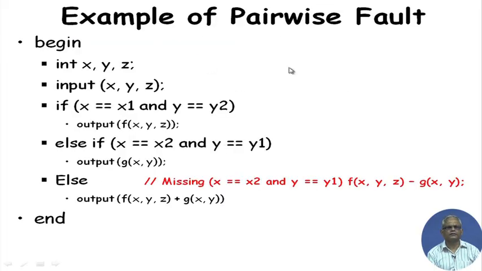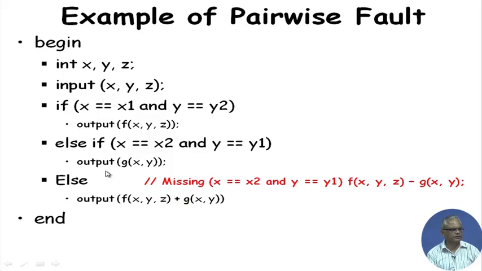Now, let us look at an example program to understand why most of the problems are two-way problems. This is a program which is trying to implement something, and there are many parameters but it is considering only 3 of them. It checks if x is equal to x1 and y is equal to y2, then it is f(x, y, z). If x is equal to x2 and y is equal to y1, then the output is g(x, y).